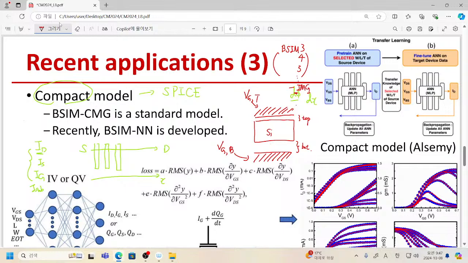They are considering thousands of devices at the same time and run for quite a long time to get certain transient behavior of their circuit. So although each BSIM-CMG model can be quite fast from our perspective, reducing the simulation time or calculation time for each BSIM model is quite important.